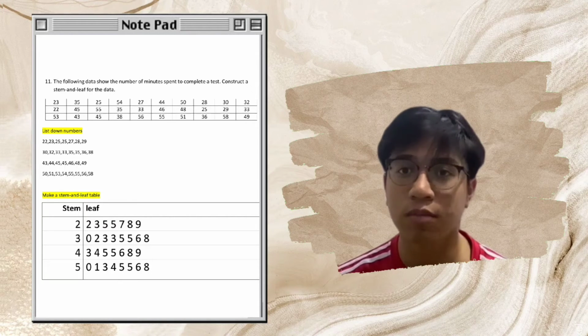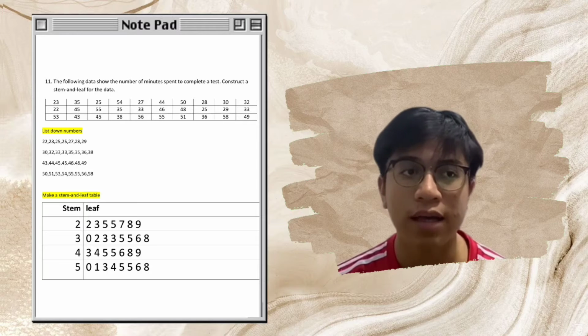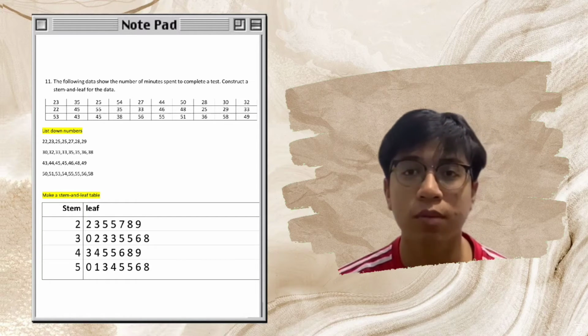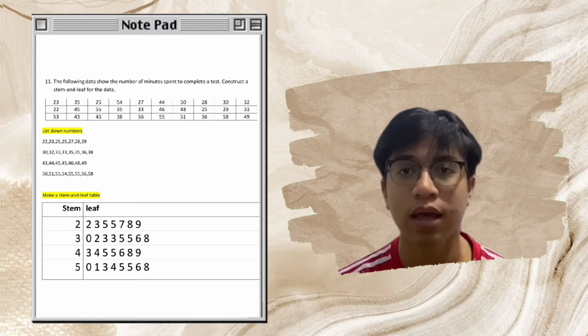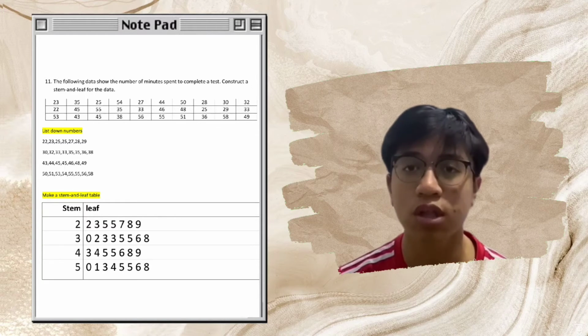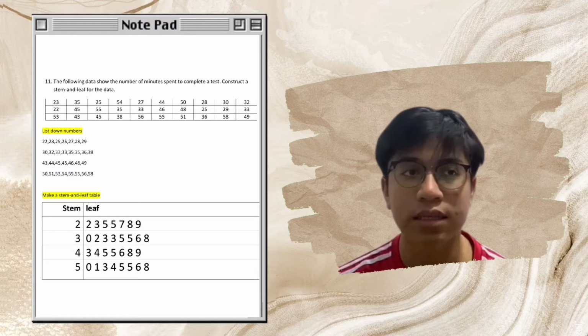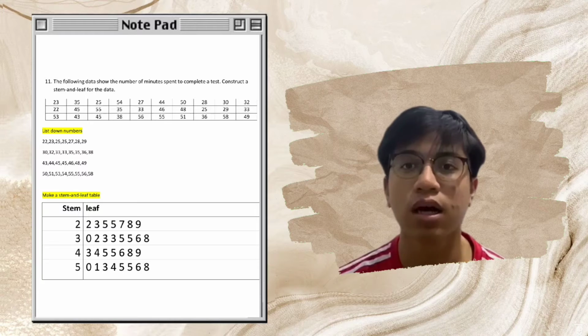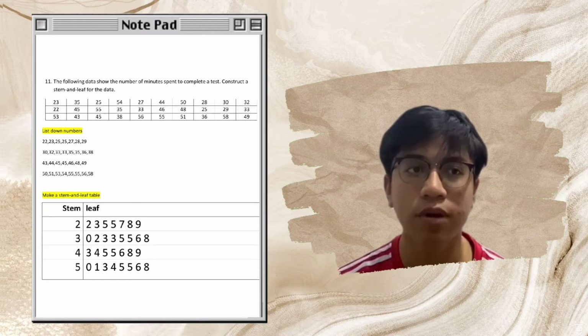After listing down the numbers according to their stem, I can make a stem and leaf table. We obtain the leaf from the second digit of each number. For example, for the number 23, the stem is 2 and the leaf is 3. We can repeat this method for all the numbers, and we can make a stem and leaf table.